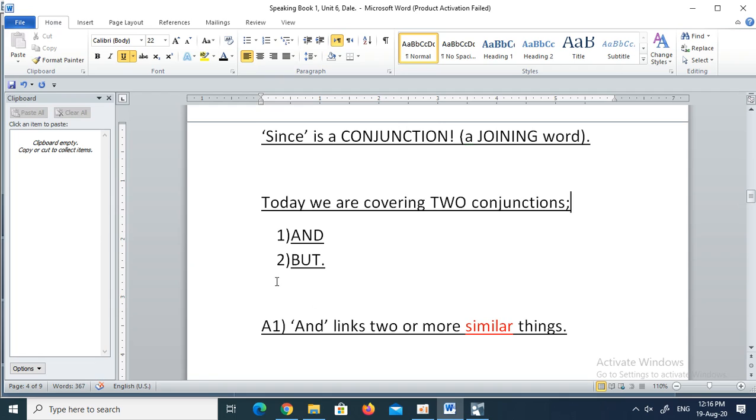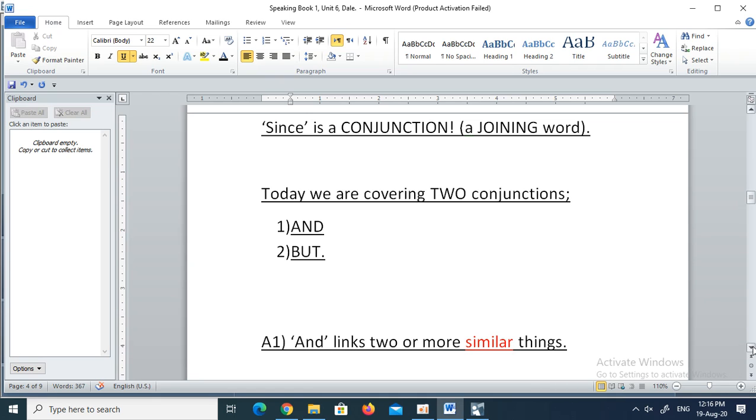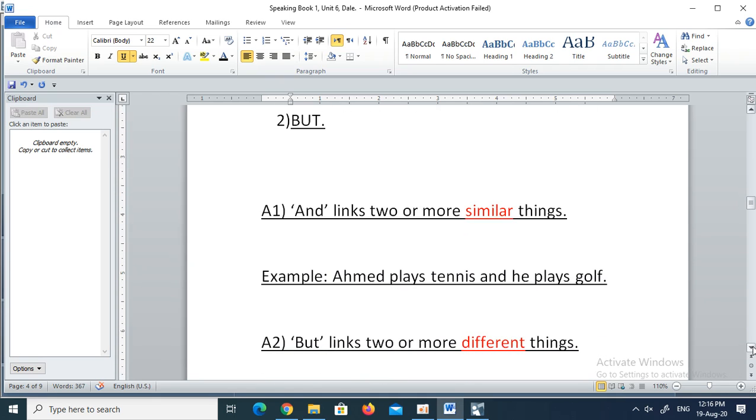These are two of the commonest conjunctions that you find in English, and they can join separate words or they can join clauses. Now, and is used to join or to link two or more similar things.